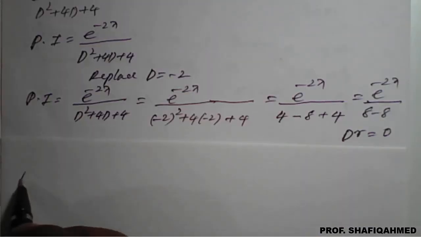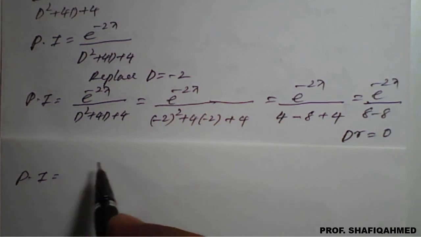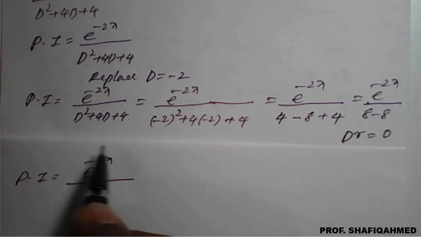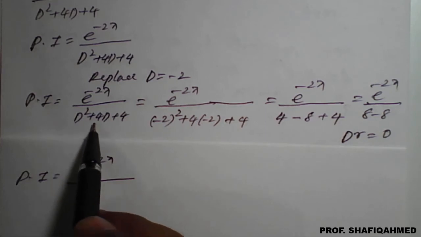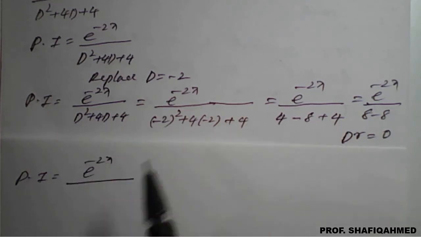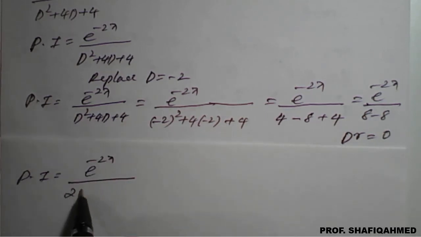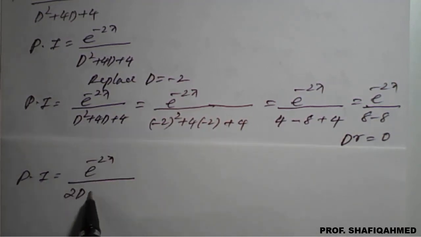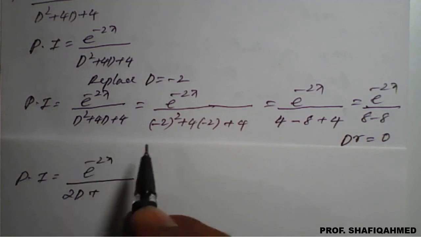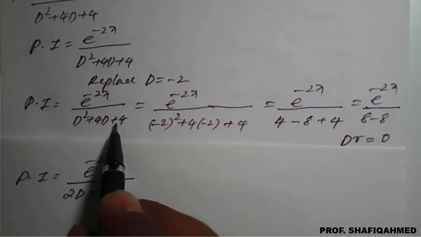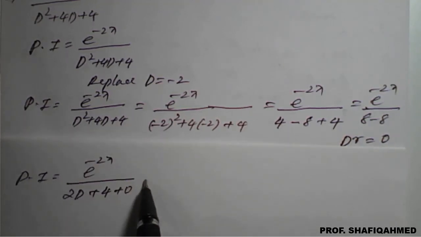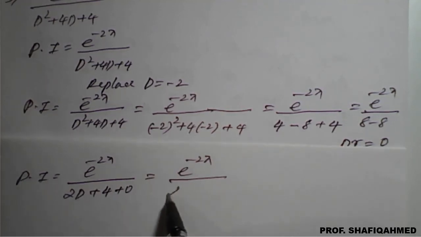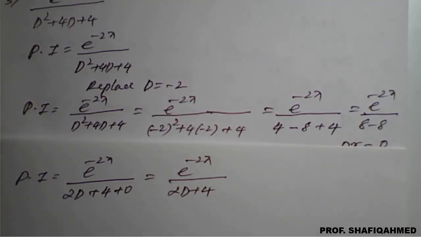Therefore pi will become e raised to minus 2x divided by the differentiation of d square plus 4d plus 4 with respect to d. The differentiation of d square is 2d, plus the differentiation of 4d is 4, plus the differentiation of 4 is 0, that is e raised to minus 2x divided by 2d plus 4.